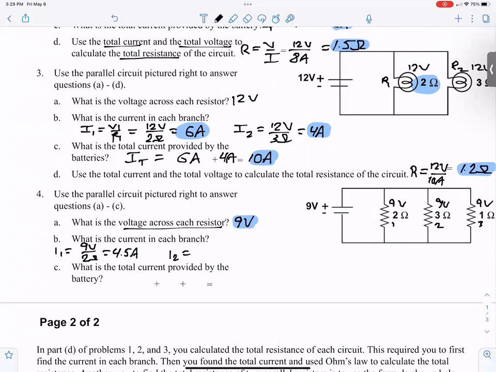I2, current 2, the middle pathway, would be 9 volts over 3 ohms. That's going to be 3 amps. And I3 on the third pathway is going to be 9 volts over 1 ohm, or 9 amps.